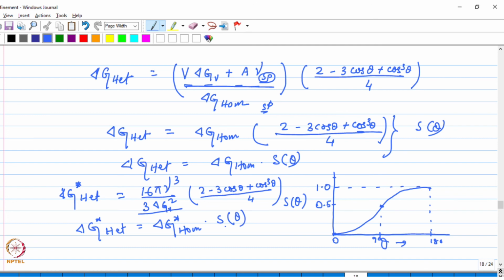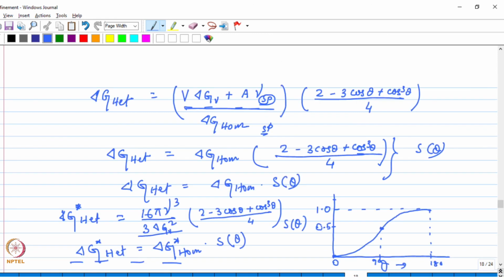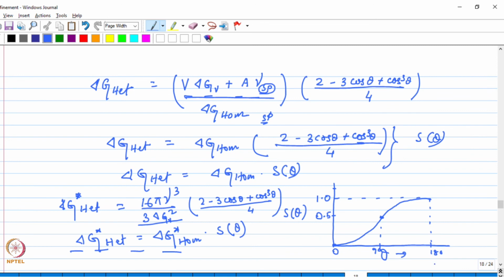Right? So from here you can see that the energy barrier for the heterogeneous case is much smaller compared to the homogeneous case for all practical values of theta. Okay? Because we have seen how S theta varies with theta. Okay?